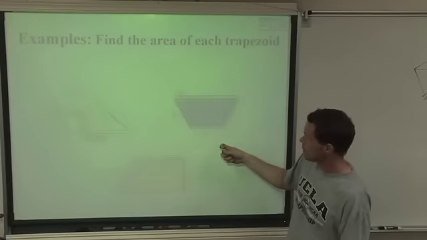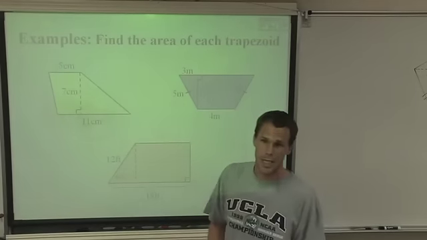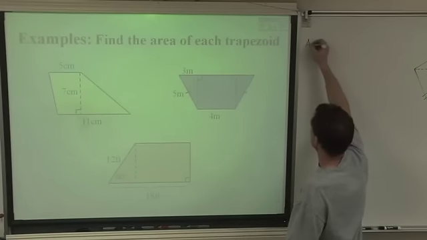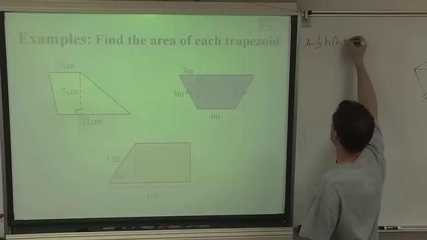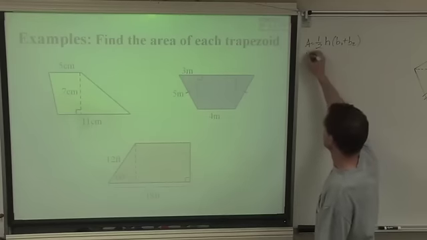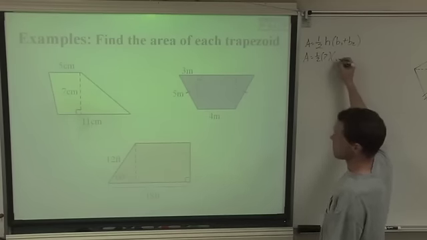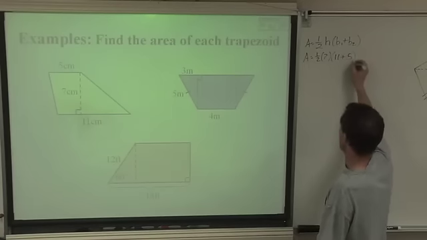So here we go. Let's look at example number 1. Now this is a trapezoid, and it's given us everything we need. So we have area equals 1/2 height times (B1 plus B2). Now we just need to plug in what we know. The height is 7, base 1 is 11, and base 2 is 5.